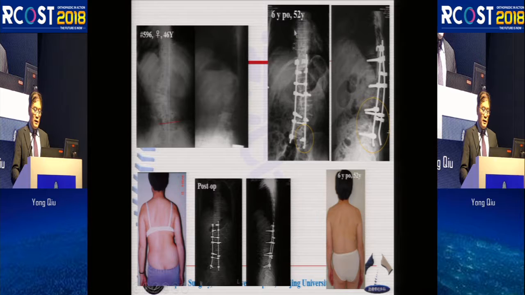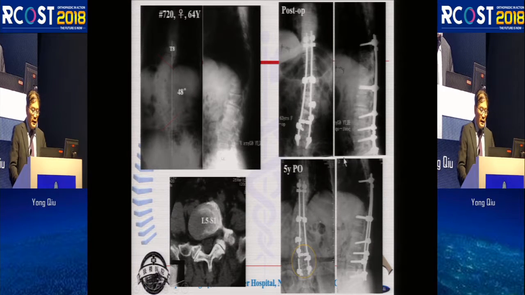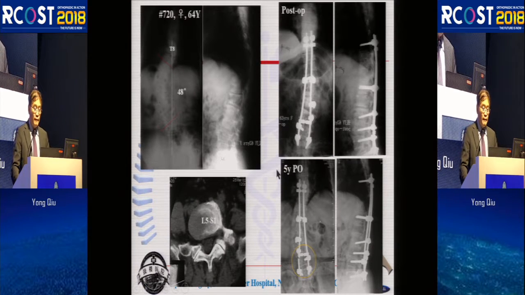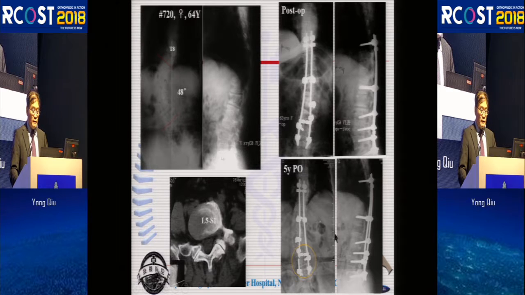At 6 years follow-up, the patient complained of local pain with the bulkiness of the instrument. We found the L5 screw pulled out. And here is another patient. We stopped at L5, and at 5 years follow-up we found the rod was broken. So the former conclusion is correct.